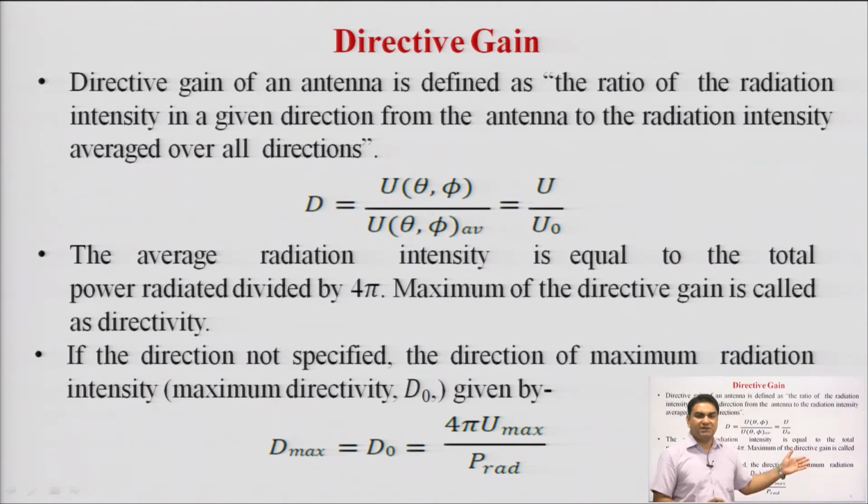Here we will discuss all types of gains. Directive gain is that kind of gain of an antenna which is defined as the ratio of radiation intensity in a given direction from the antenna to the radiation intensity averaged over all directions.